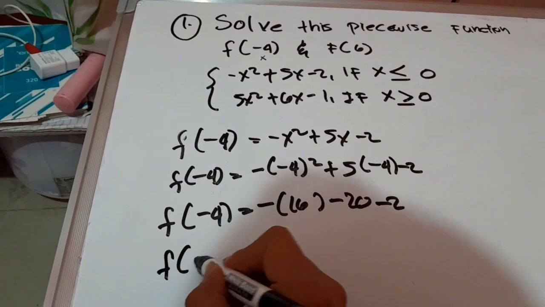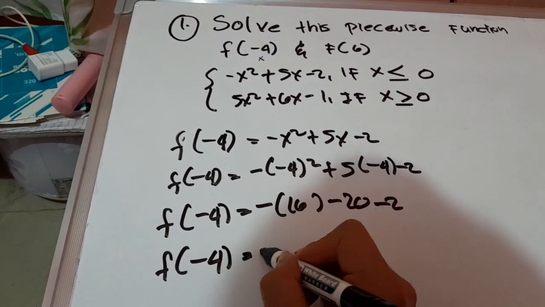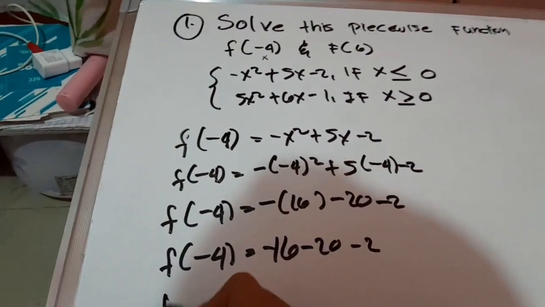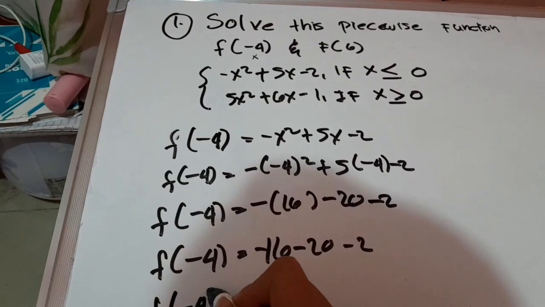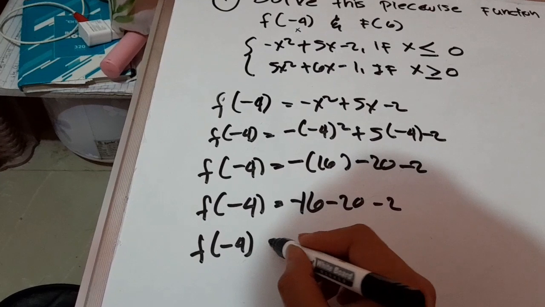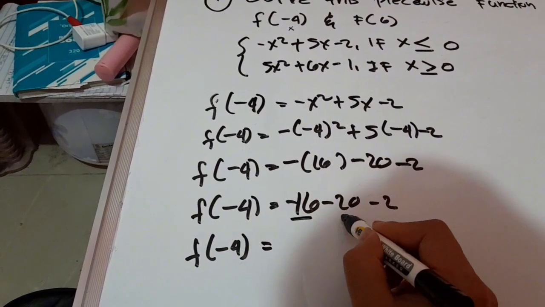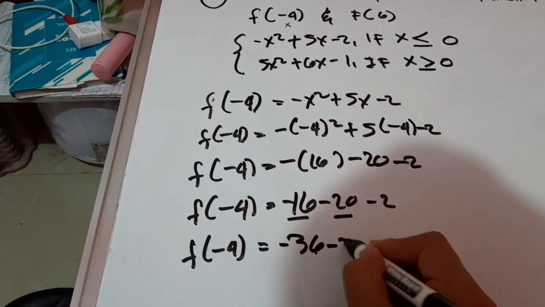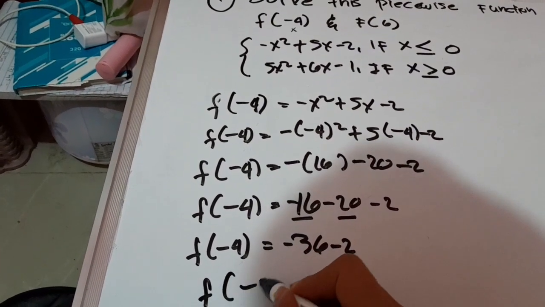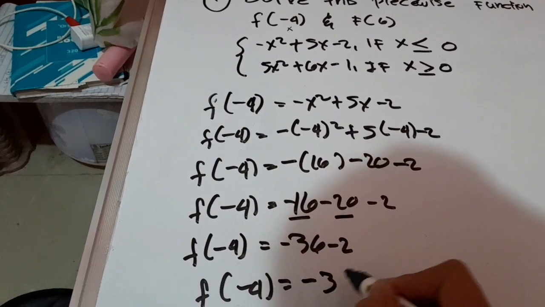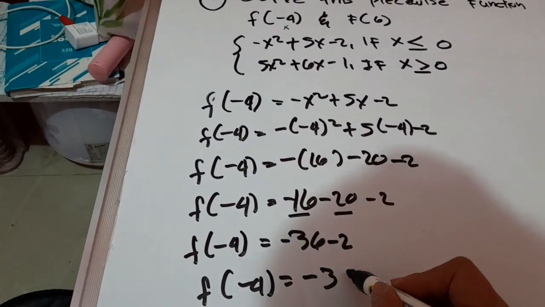So f of negative 4 equals negative 16 minus 20 equals negative 36 minus 2 equals negative 38.